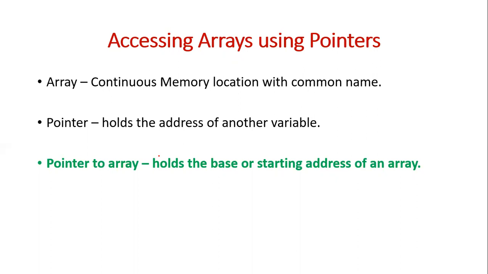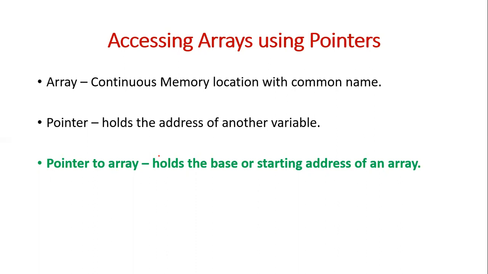All the elements in the array will be of the same type. If it is a character array, all the elements will be characters. If it is an integer array, all will be integers. If it is a float array, all will be floats. And the memory location will be contiguous.